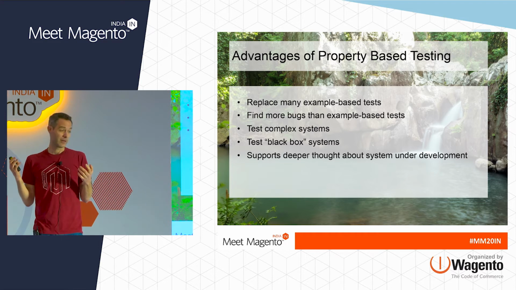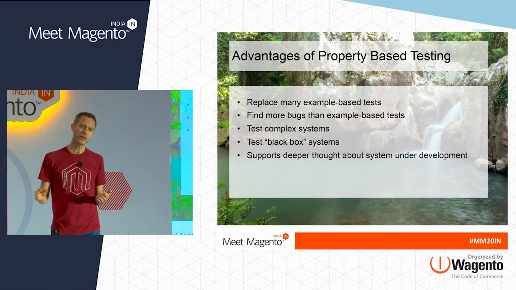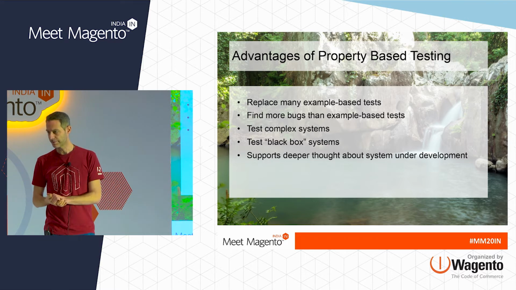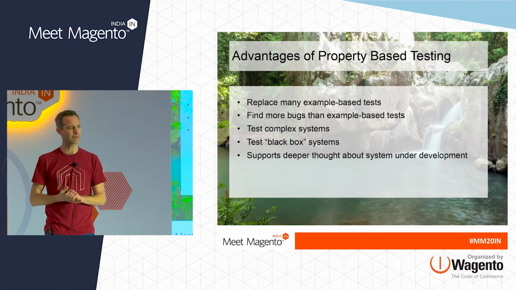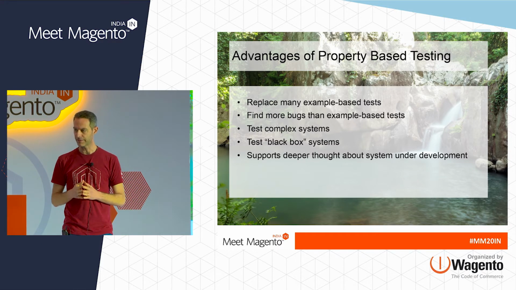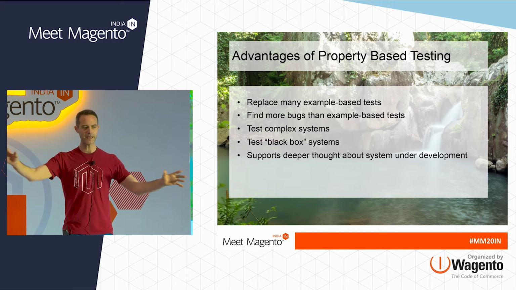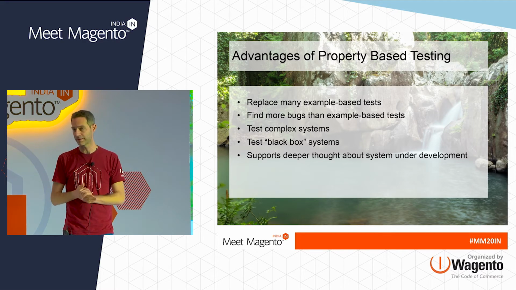So, example-based tests are actually pretty good for simple systems, right? If I have a simple function, I can get good coverage and be pretty confident that it works with example-based tests. But as soon as I take multiple simple functions and combine them into more complex systems, suddenly that's where these bugs start to creep in, right?